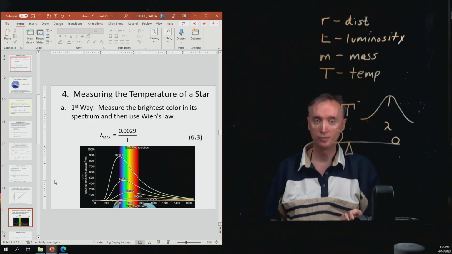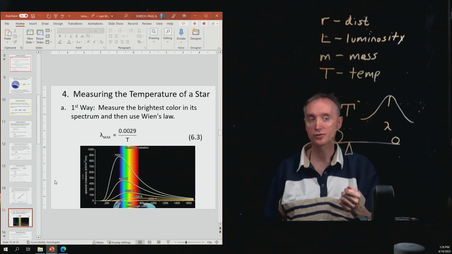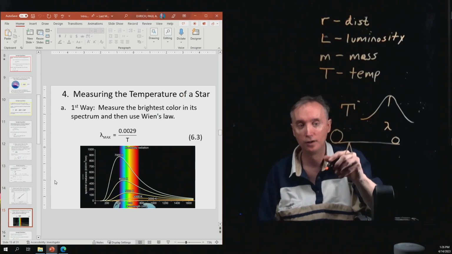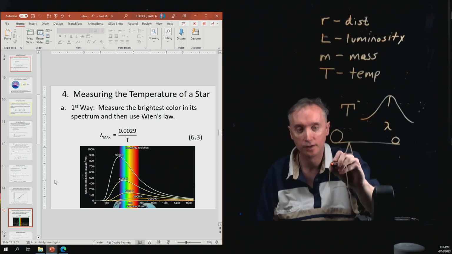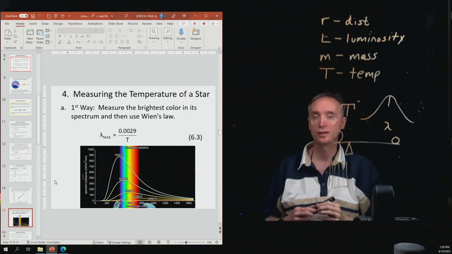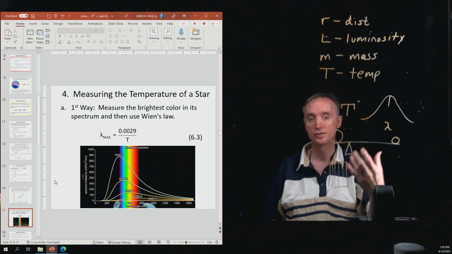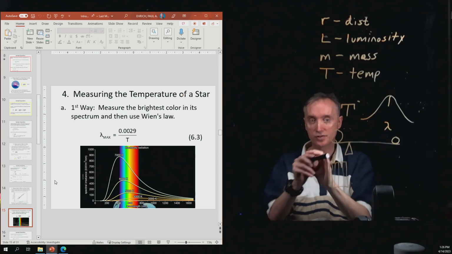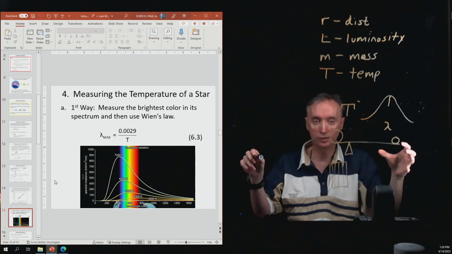An astronomer is going to put a diffraction grating on their telescope. The diffraction grating was that piece of plastic that had the lines in it, like this. They put it on their telescope so that the light from the star is spread out into the rainbow of colors.